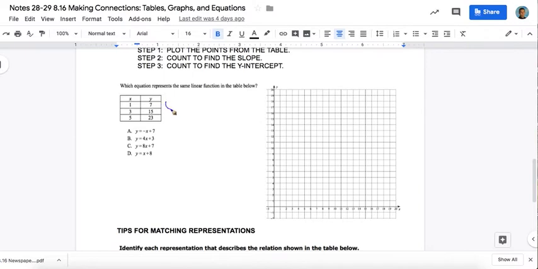So we're going to graph 1, 7, and we're going to go over to 1, up to 7 right here. And then the next one is 3, 15. So we're going to go over to 3, up to 15. And this is very difficult to see here.